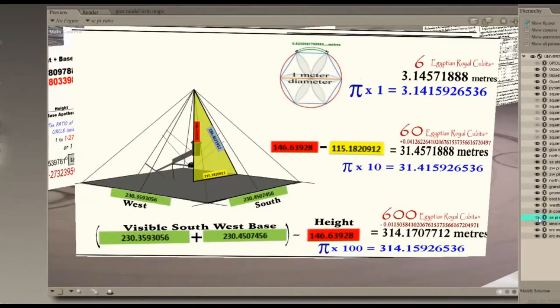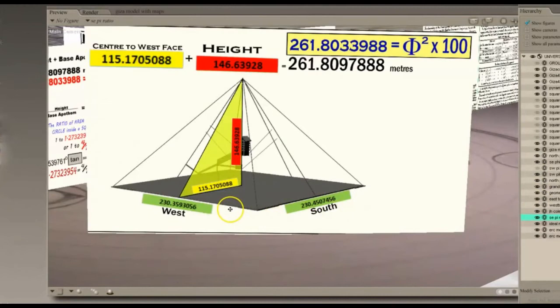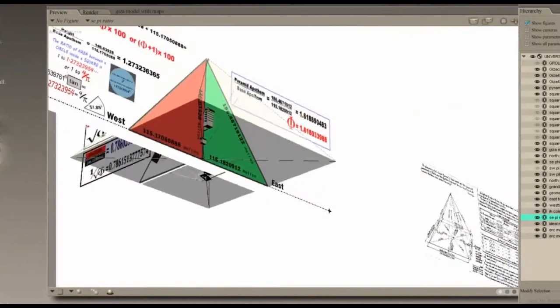Now, on the southwest corner as a measurement, you see the same thing happening again, where we're getting phi squared times 100 meters. The southwest corner represents measurement. The southeast corner represents perfect proportions, and we can take that further now.